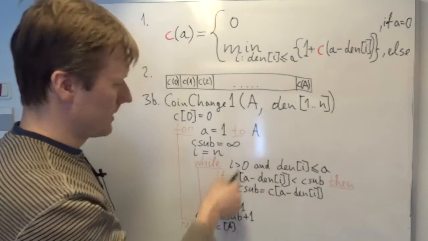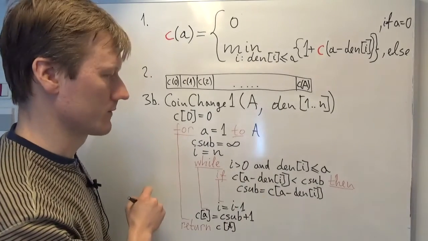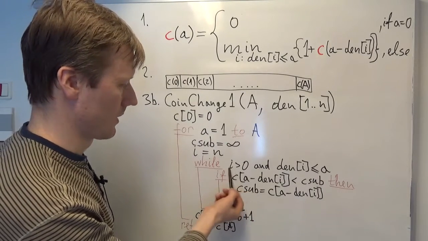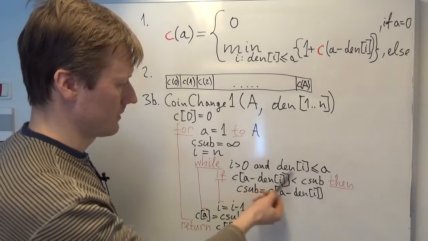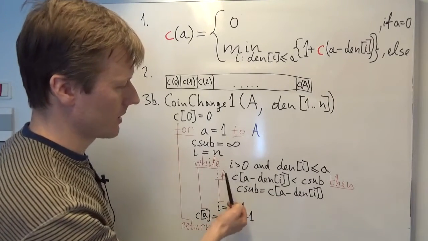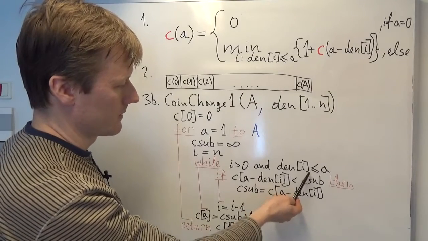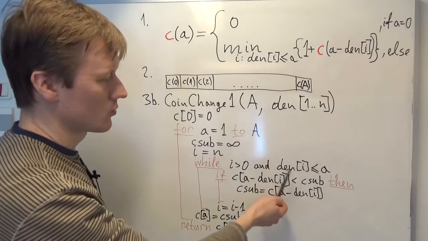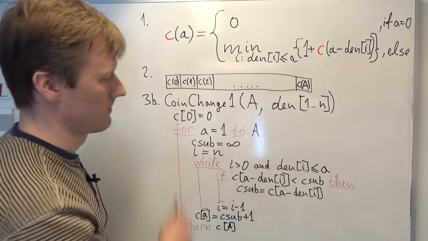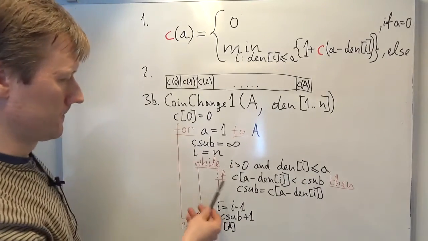And we just loop through all the possible choices of denominations until we go through all of the denominations array, or we see a denomination which is too large. We cannot use it for a small amount. Then we stop.